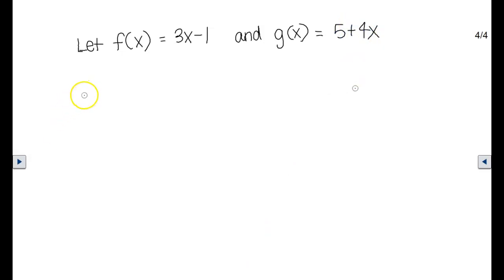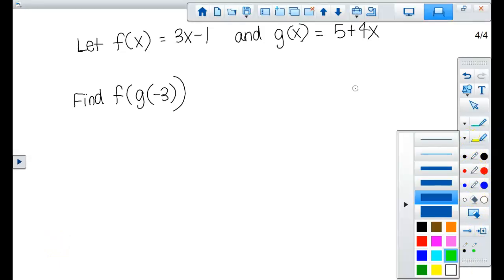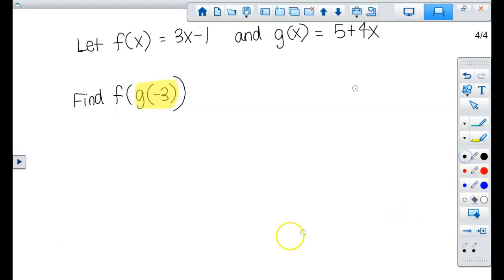And let's say that I ask you to find f of g of negative 3. F of g of negative 3. All right, so we know how this would go. We know that we would take care of this innermost function first. So that means the first thing I'm going to do is g of negative 3.